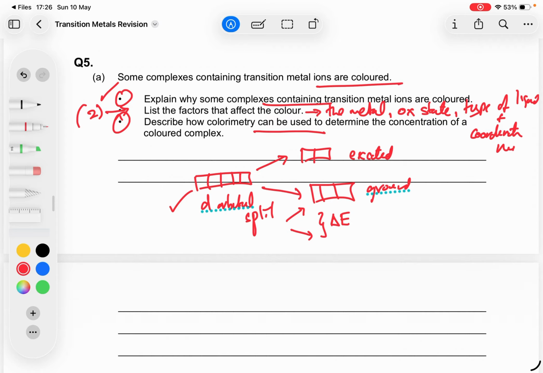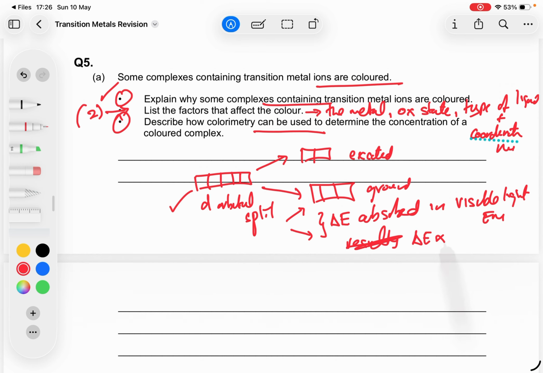That energy is absorbed in the visible part of the electromagnetic spectrum, visible light part. Don't say result, say that energy change is proportional to the frequency of light that is absorbed in the visible part, and the complementary color is observed.